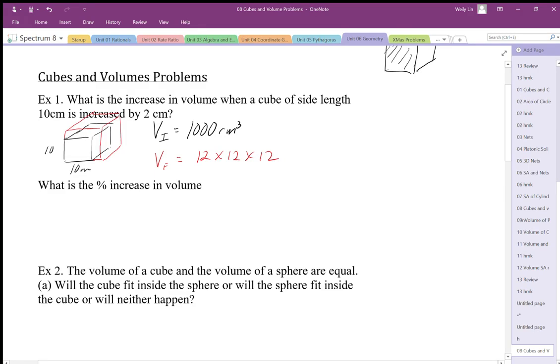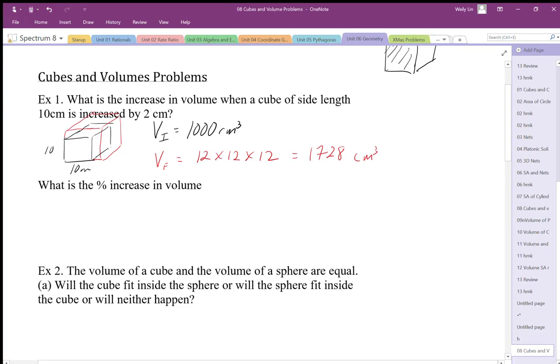Putting that into a calculator, 12 times 12 times 12 is 1728. So we go from 1,000 to 1728 cubic centimeters.